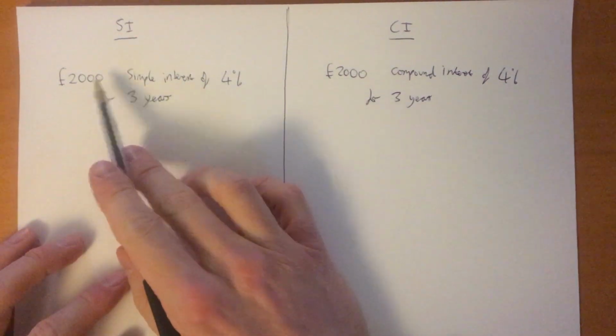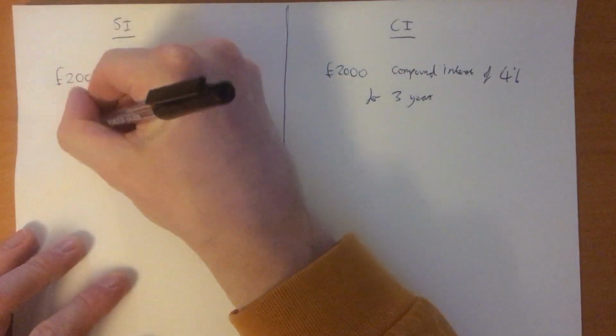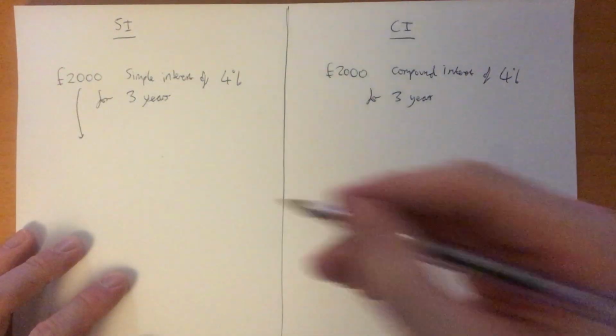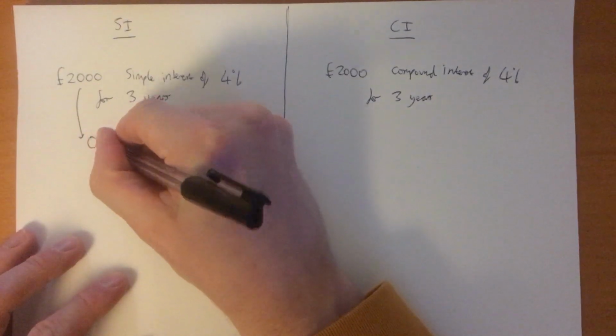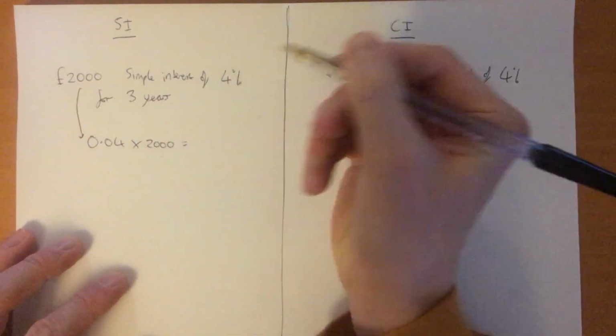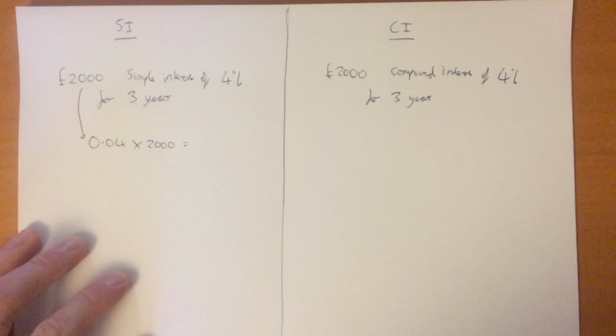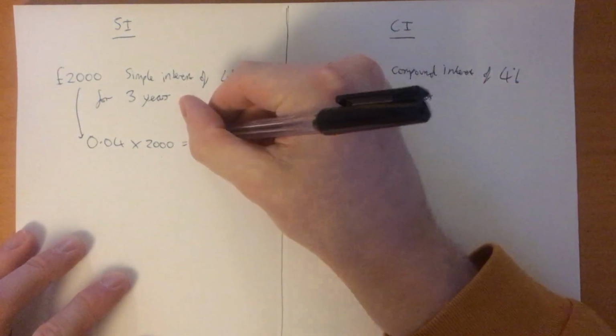So, simple interest of 4%. For simple interest, what we do is we find out what that interest is. So we do 0.04 times 2,000 because we want to work out what 4% of 2,000 is. I use my calculator, 0.04 multiplied by 2,000, and I get 80.